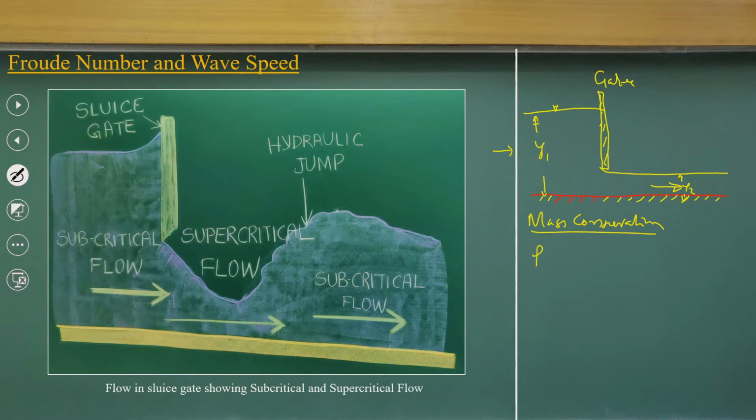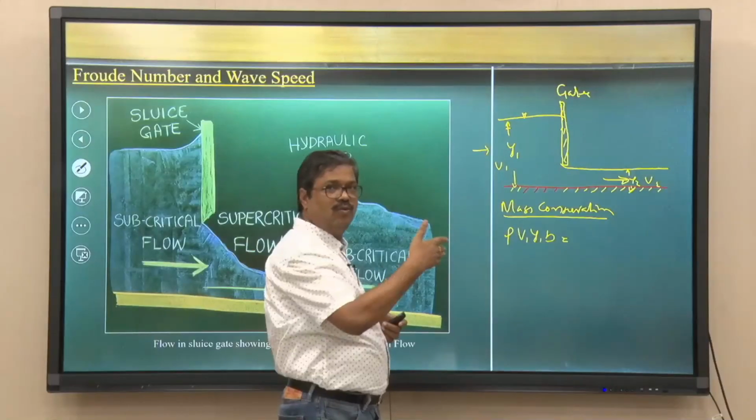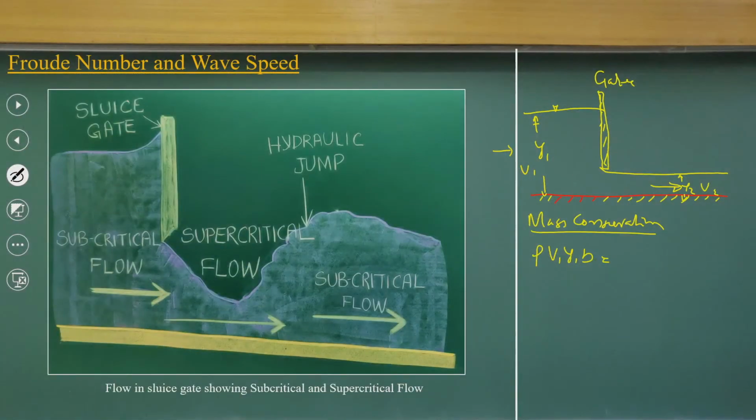In this case, if this is the v1 velocity and this is the v2 velocity, I can write rho v1 y1 b, where b is the perpendicular depth or the width, equal to rho v2 y2 b. So b cancels out, and rho cancels as it is an incompressible and steady flow. So we have v1 y1 is equal to v2 y2.